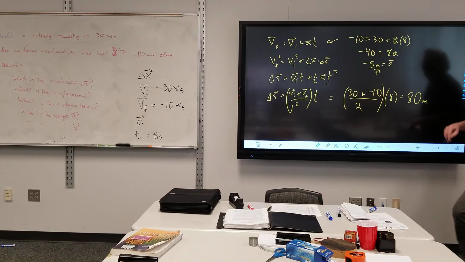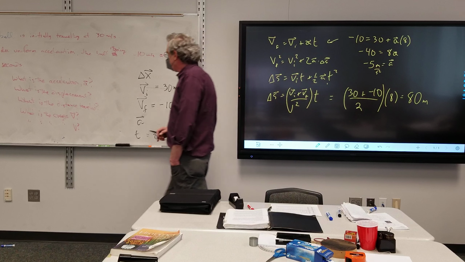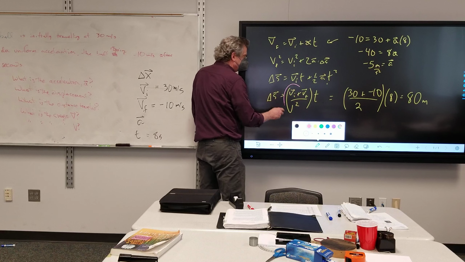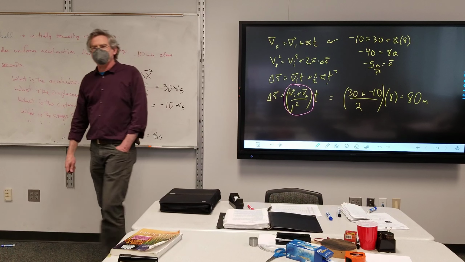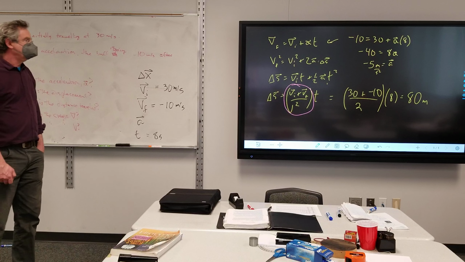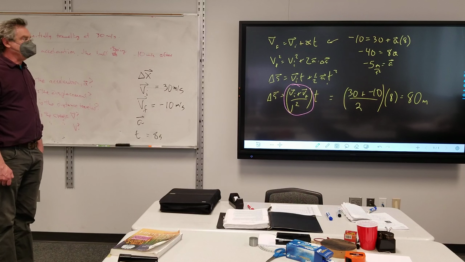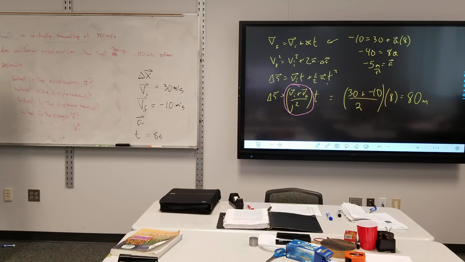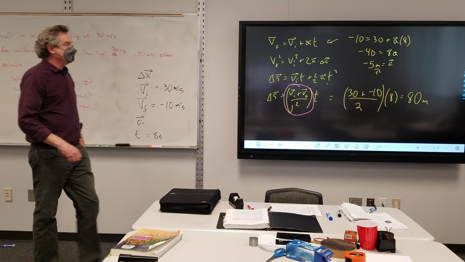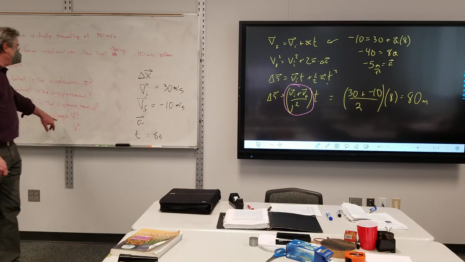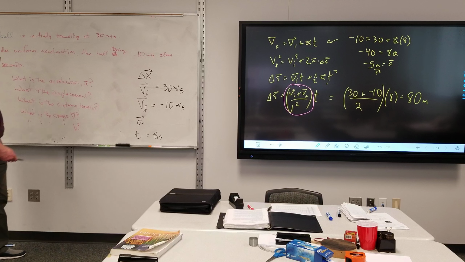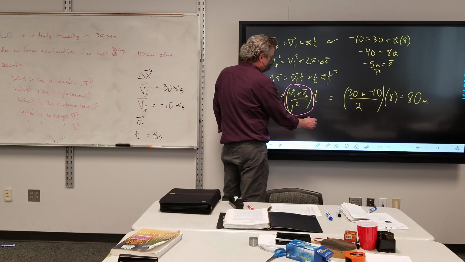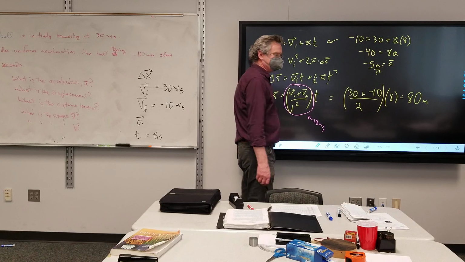Thank you. So we have the displacement. Recognize that this right here is just my average velocity. If acceleration is constant, that is average velocity. I go through the derivation in more detail in the videos, which I'm assuming you're going to watch. So my average velocity, well, it's just 10, so 10 meters per second is my average velocity.